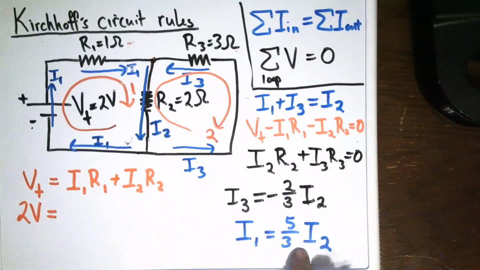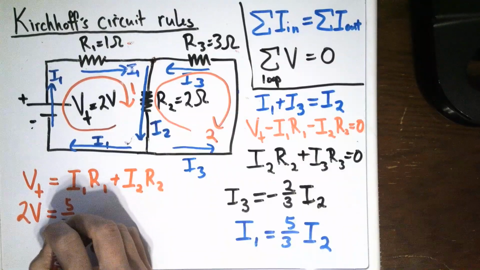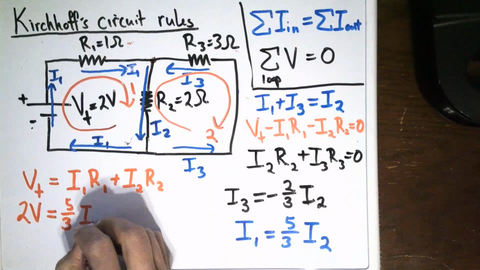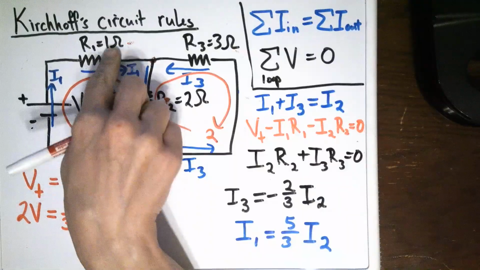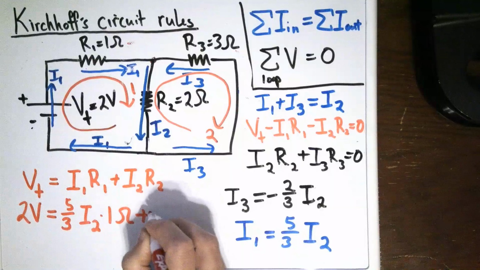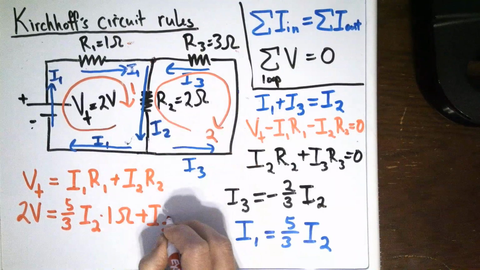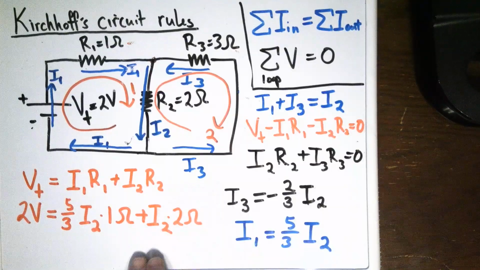My terminal voltage is 2 volts, so I can plug that in, 2 volts here. I1, well, I've got that in terms of I2, so let me plug that in. 5/3 I2. R1 is 1 ohm. I2, well, I don't know that one yet, but R2 is 2 ohms. Okay, and now let's combine all of this.